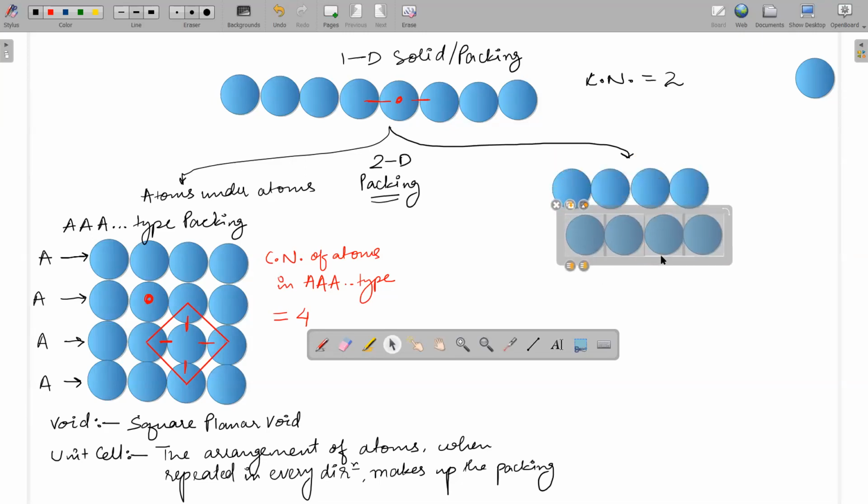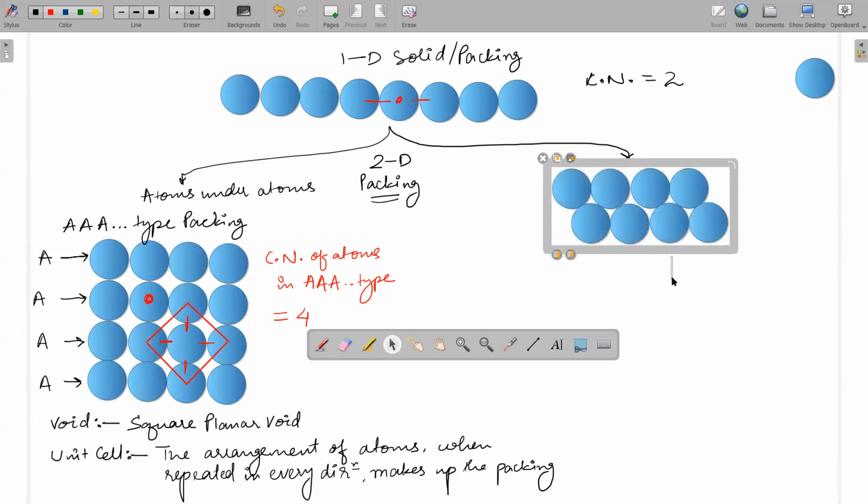Now what I am doing, atoms under depression. All of you, this is correct, right? Atoms under depression. Yes, sir.